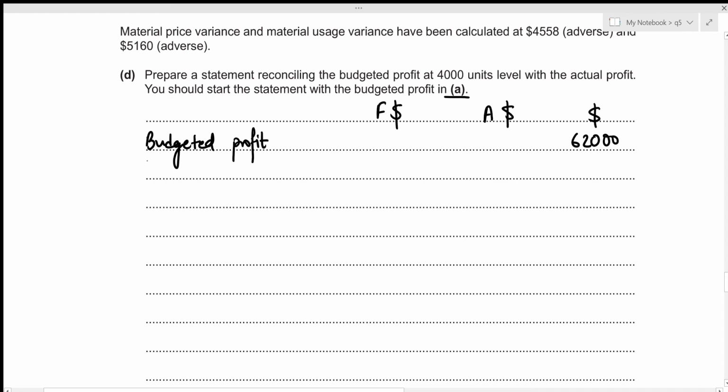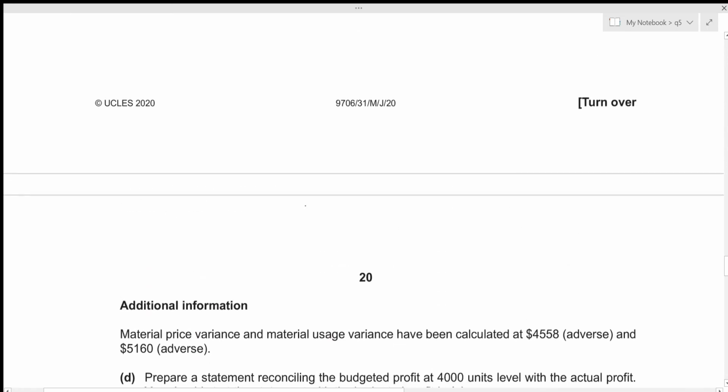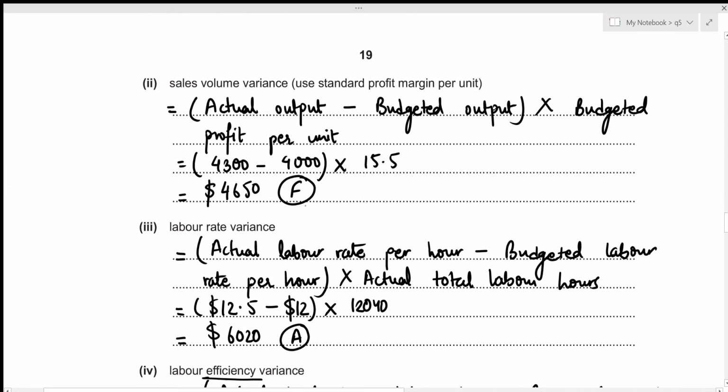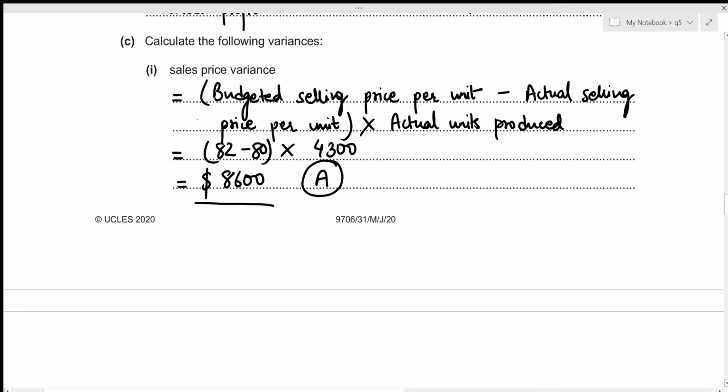So we will be starting with our sales factors. So that's sales price variance and sales volume variance. So let's have a look above, because we already figured out both of these in our third part. We can see that sales price variance is 8,600 adverse condition, meaning that we will be recording this value in our adverse condition column.